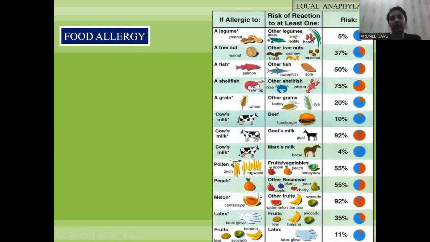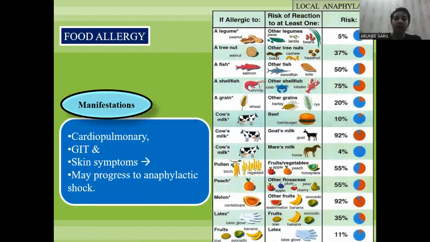So this is the list of the items and the risk involved of reaction to at least one or the other types of a food item. The manifestations are cardiopulmonary, GIT, and skin symptoms. They may progress to an anaphylactic shock. A local anaphylaxis reaction may also cause an anaphylactic shock if not treated.